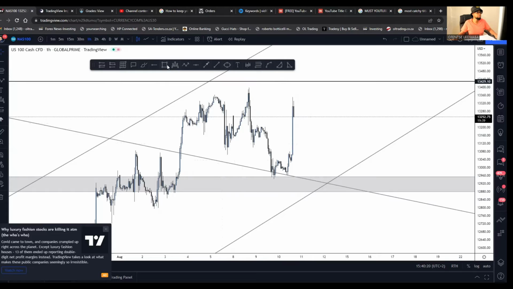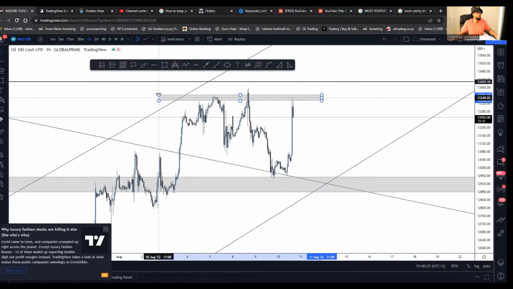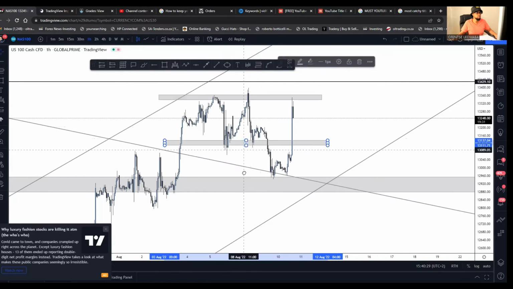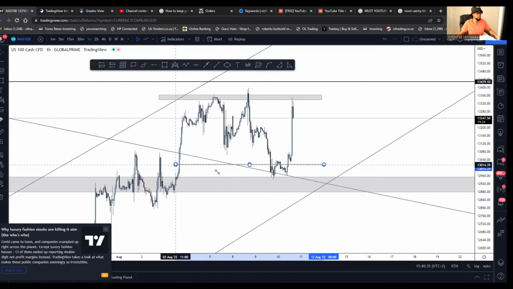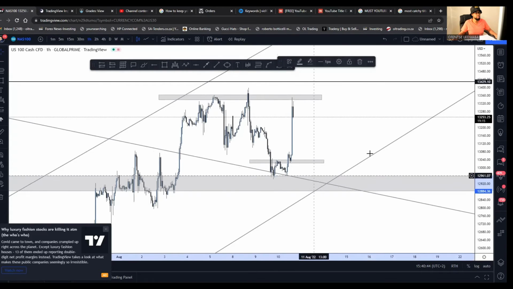You would take this from zone to zone, because I like using it in this manner so that I know I'm catering for this. This now becomes my bigger level of support.